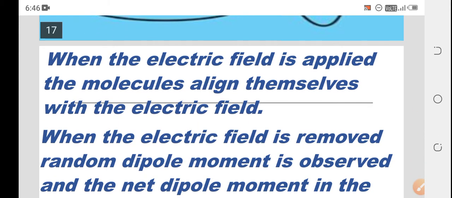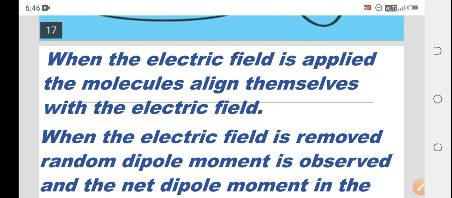When an electric field is applied, the molecules align themselves with the electric field. When a polar dielectric is placed in the presence of an electric field, the molecules of the polar dielectric align themselves.